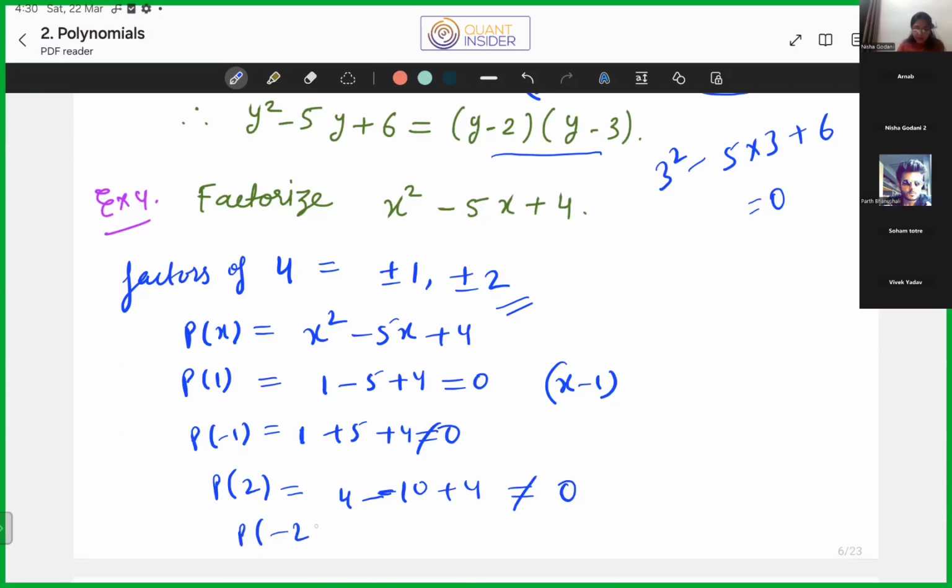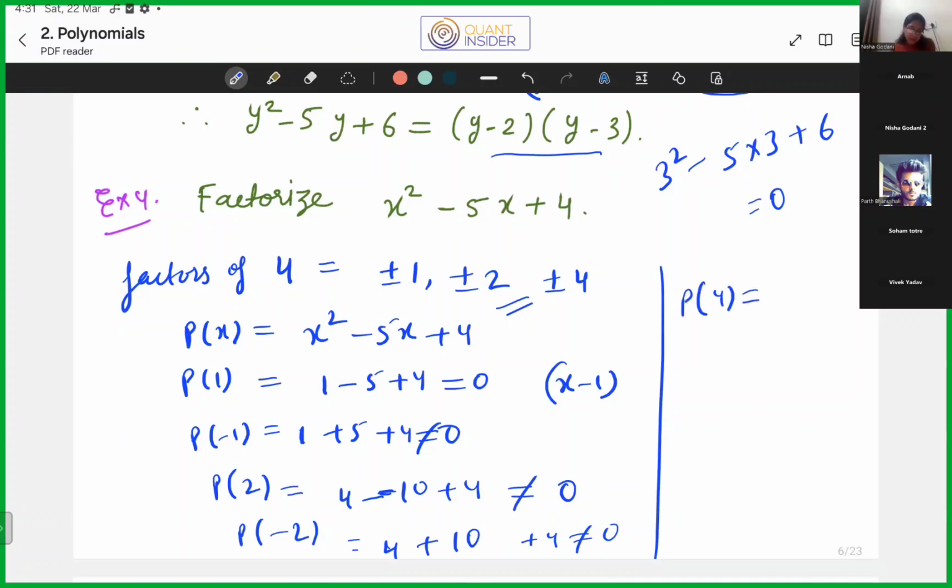P(minus 2): 4 plus 10 plus 4 is not equal to 0. So you can also take the factor plus minus 4. What about P(4)? 16 minus 20 plus 4, yes, 0. So x minus 4 is a factor. In this way, you have two factors, x minus 1 and x minus 4.